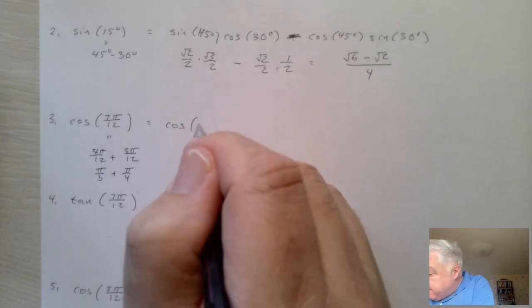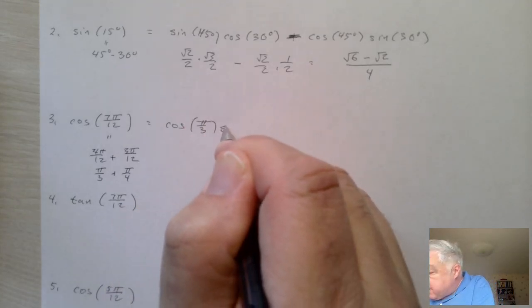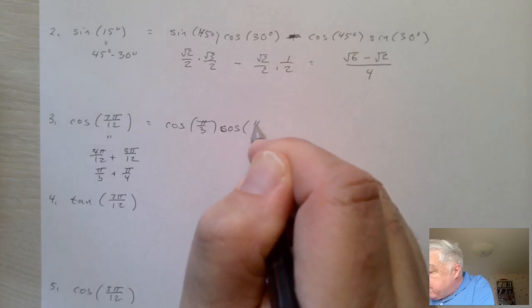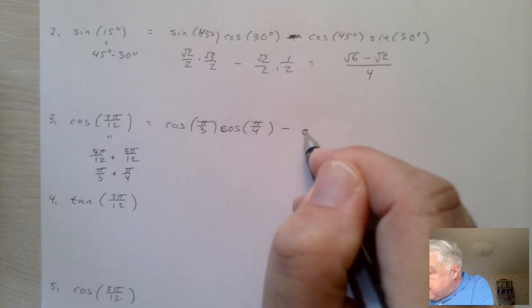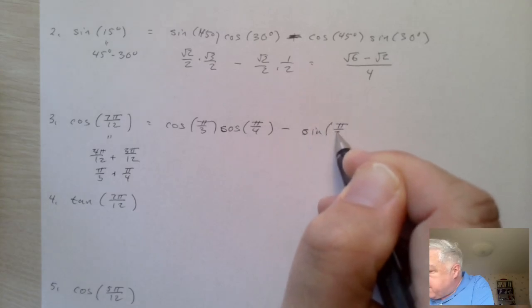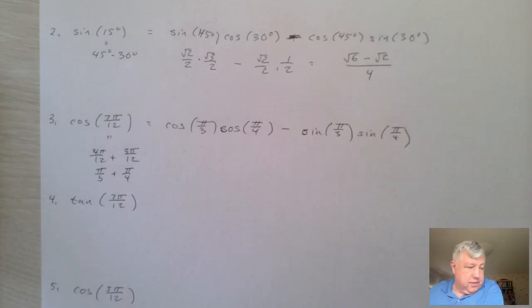So this is cosine of pi over 3, cosine of pi over 4, minus sine of pi over 3, sine of pi over 4. Okay.